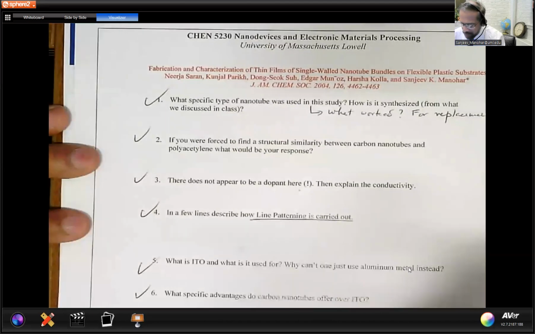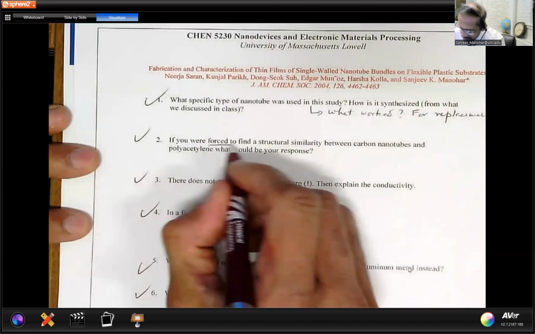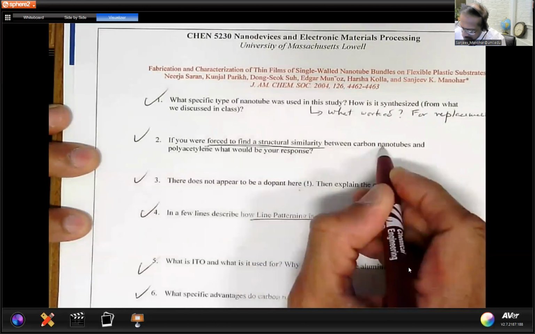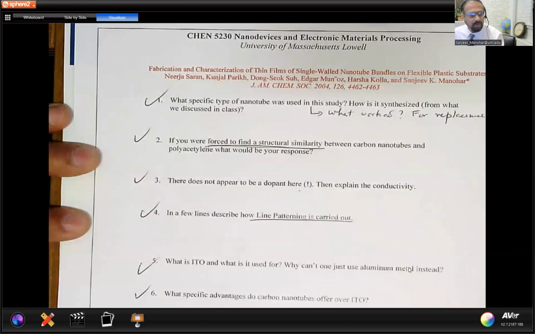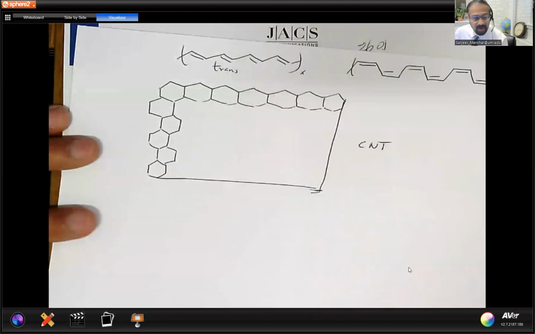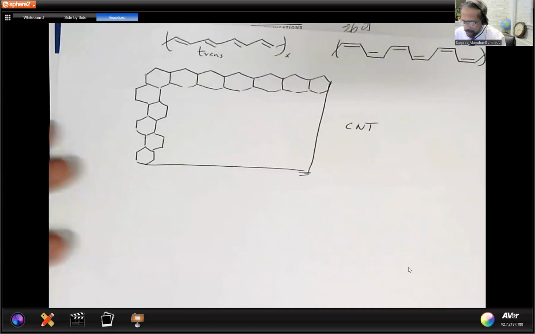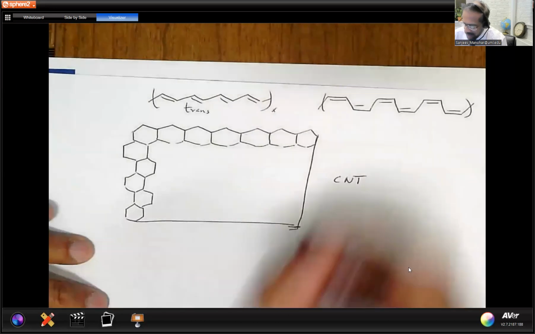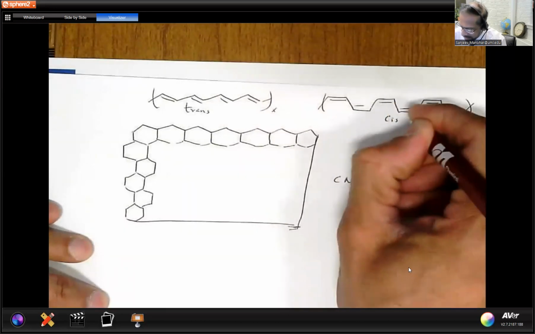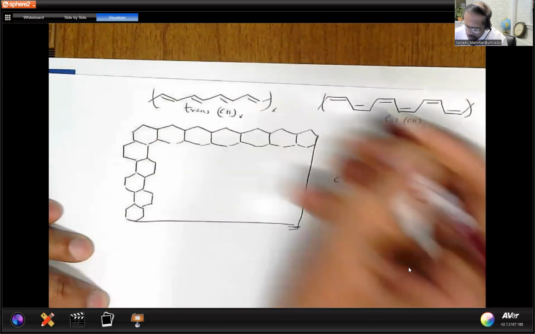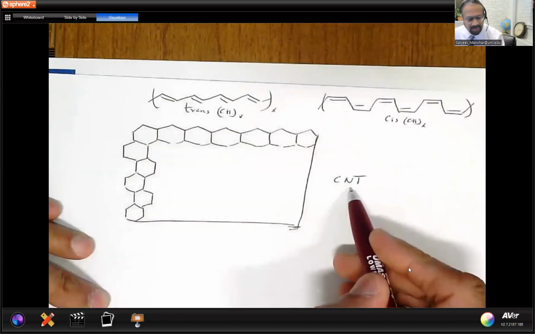What is the question again? If you were forced to find a structural similarity between nanotubes and polyacetylene, what would your response be? So let's take a look at what we just drew here. This is trans, this is cis, right? This is carbon nanotube.